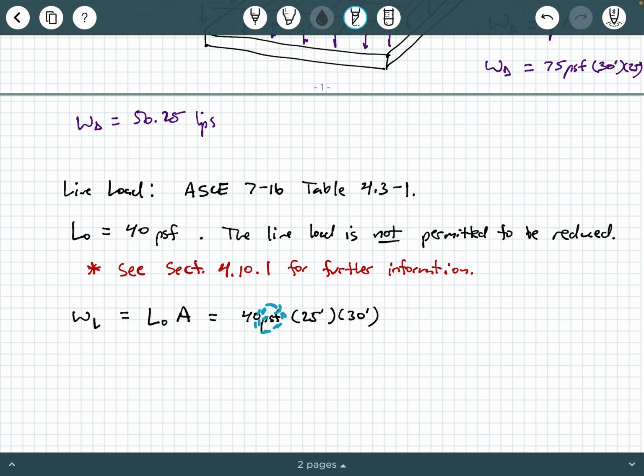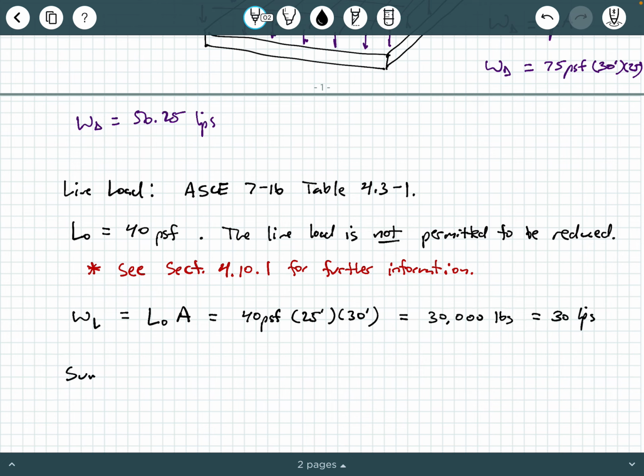What is a PSF? That's a pound per square foot. And if you want a final value that is a force, you need to multiply this pound per square foot times an area to get your units behaving correctly. So 40 times 25 times 30, that gives me 30,000 pounds or 30 kips.